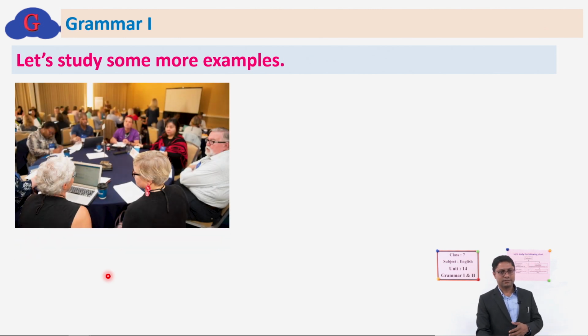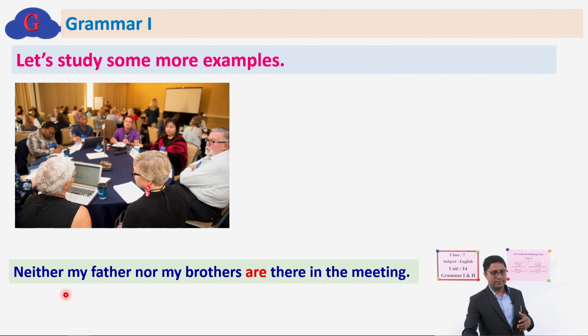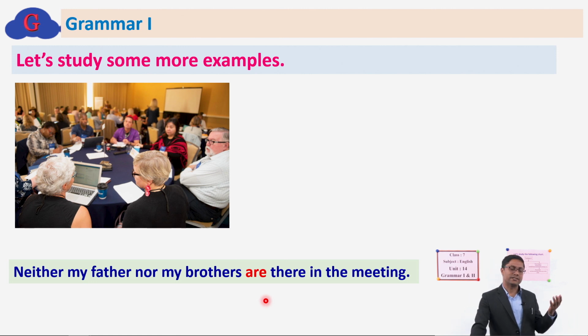Okay. So, see there, you see there is a picture of a meeting. Neither my father nor my brothers are there in the meeting. See there, there is are. We have used the plural form of the verb. What is its singular form? Yes, it is is.